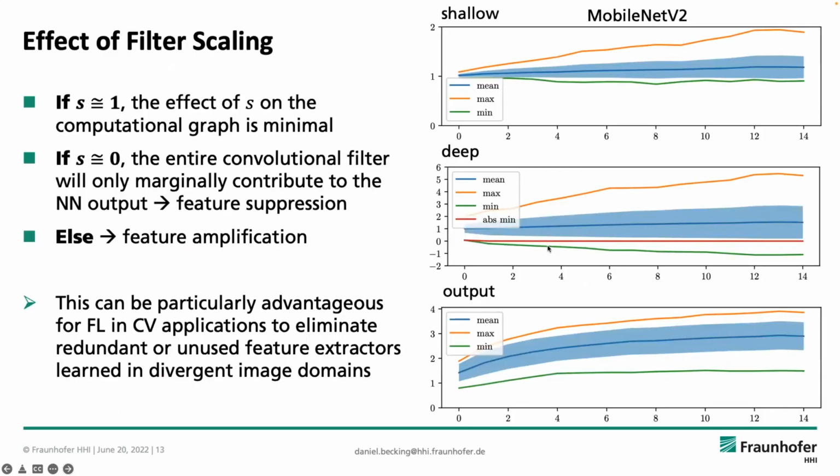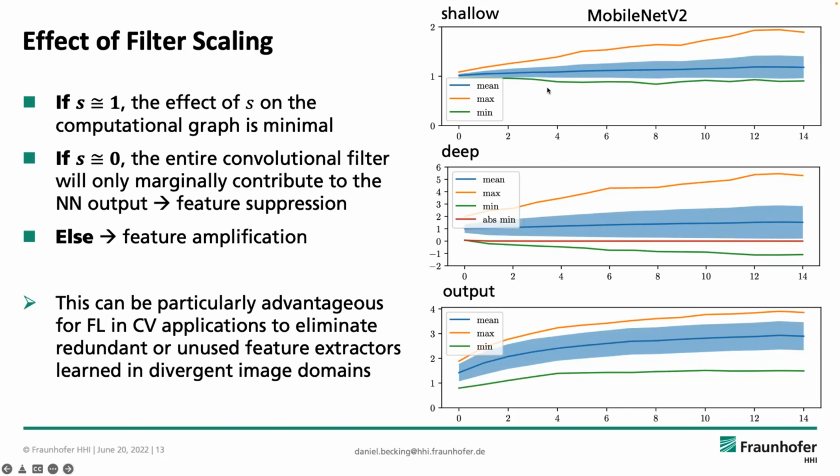And what we then obtained is that, for example, here in MobileNet v2, the scaling factors behave differently depending on the location of the layer within the neural network. The output layer, for example, is only amplifying the scaling parameters, whereas in the more shallow layers, they don't change much.